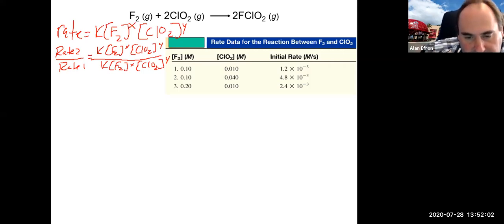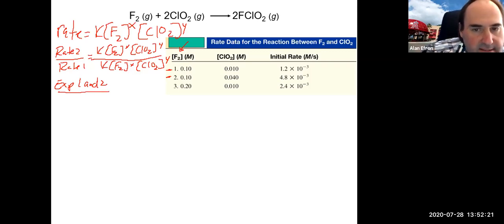If we look at entry number 1 and entry number 2, the concentration of F2 remains constant, while the concentration of ClO2 will vary. So for experiments 1 and 2, we can substitute into here.